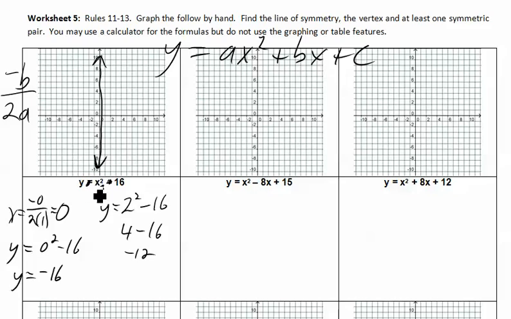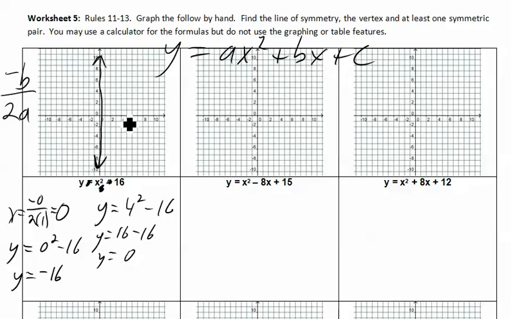I still feel like I can't draw this very well, so I'm going to pick one more. I'm going to pick x is 4 and see what happens. So x is 4, so y is 4 squared minus 16. 4 squared is 16, so 16 minus 16 is 0.